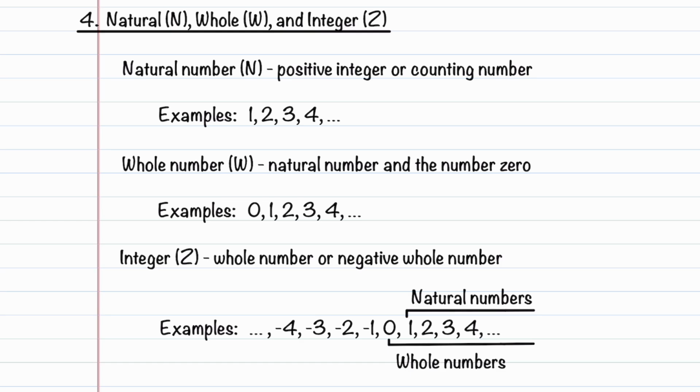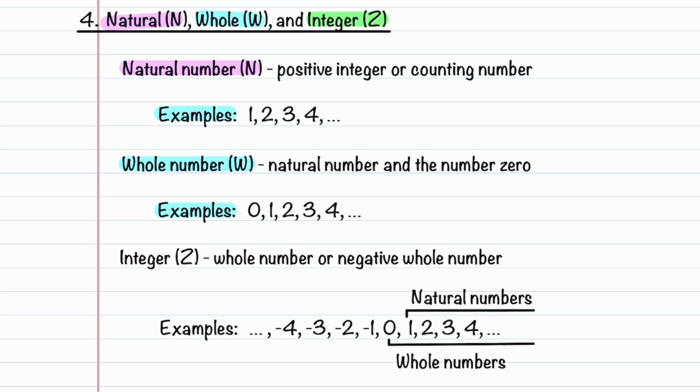Let's now break down three important subsets of rational numbers: natural numbers, whole numbers, and integers. A natural number is notated as N, and it is a positive integer, or it's called a counting number. Natural numbers are the numbers 1, 2, 3, 4, etc. A whole number is sometimes notated as W, and it includes all the natural numbers and the number 0.